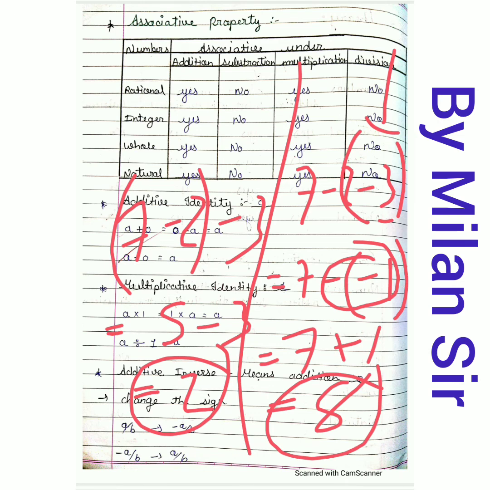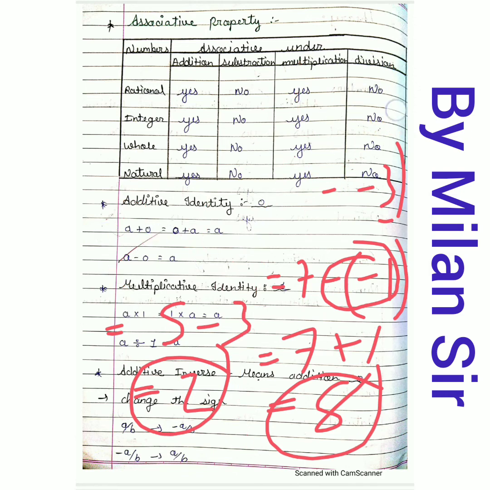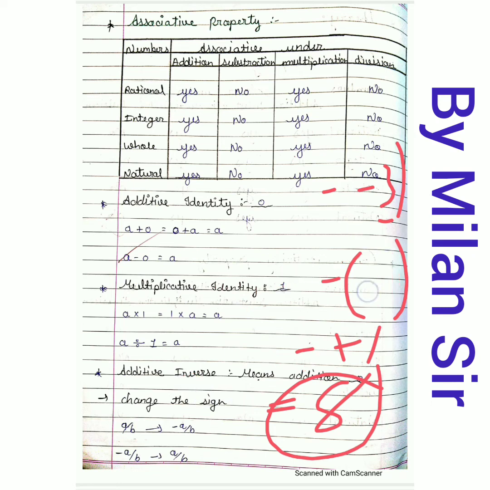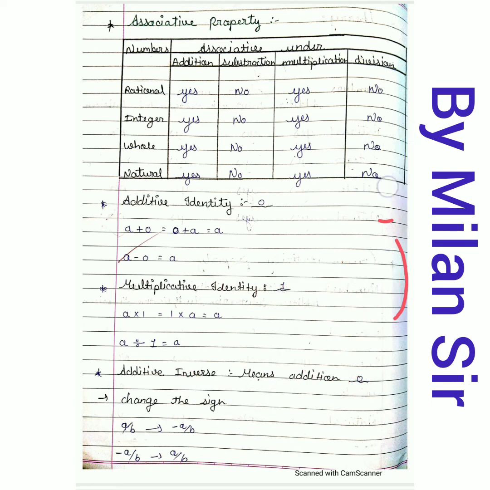So this is not associative. So we can say that subtraction is not associative for all these four types of numbers: rational, integer, whole and natural.